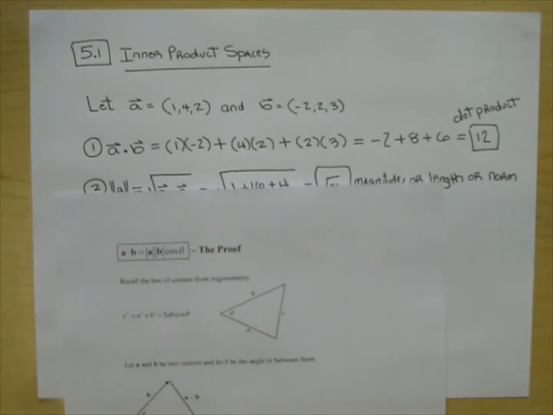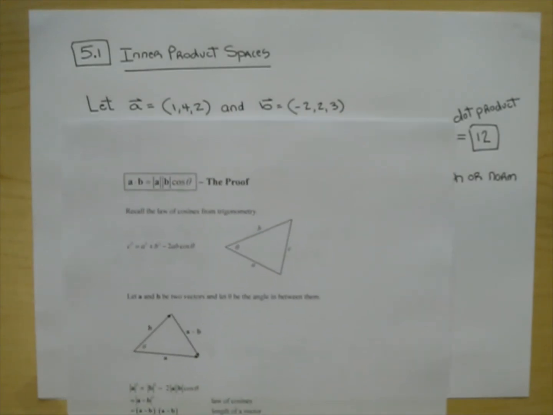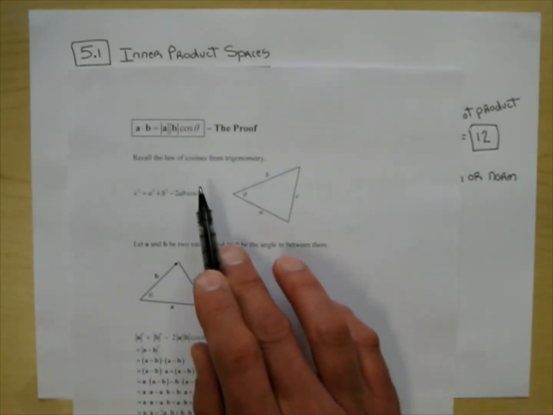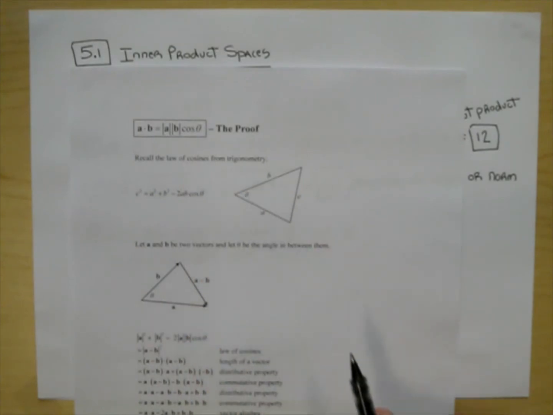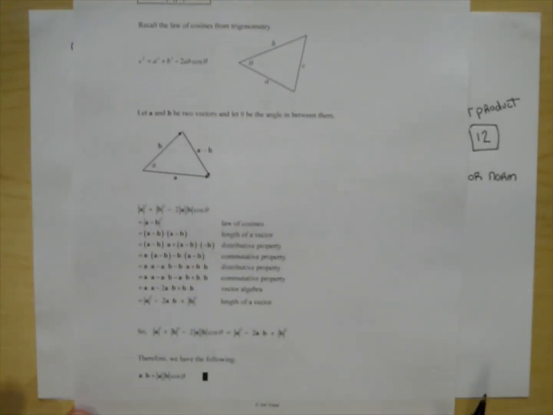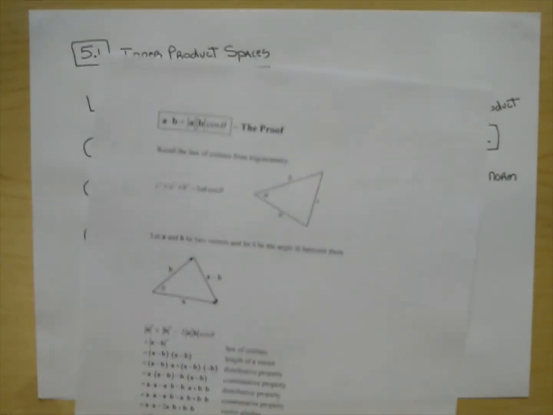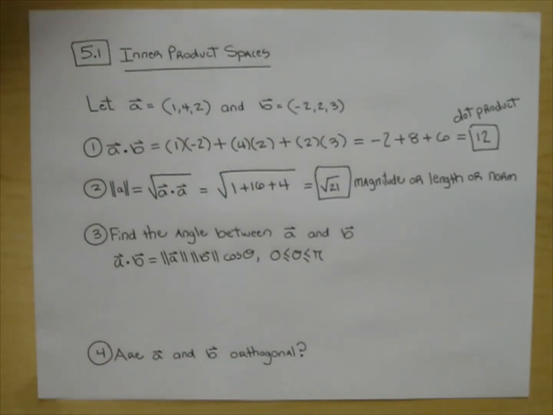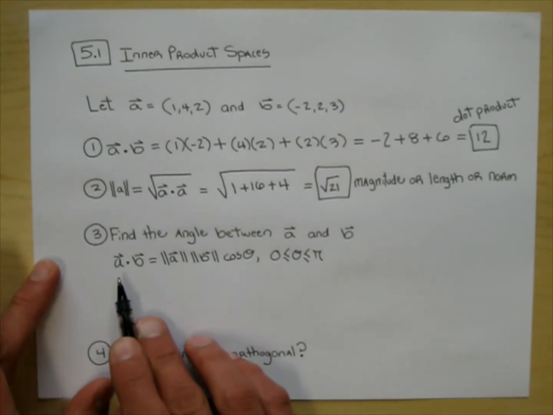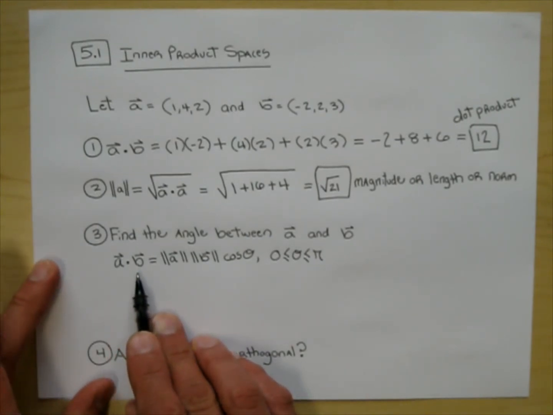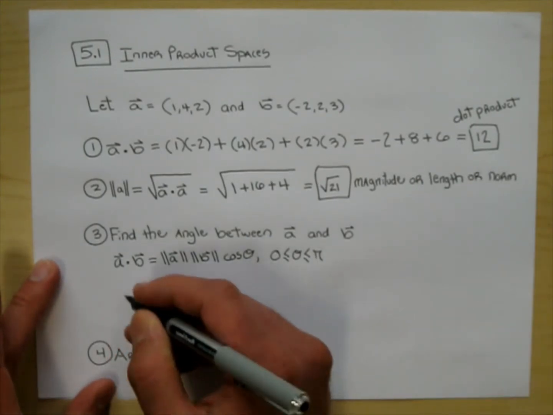I'm not actually going to write out the proof. I'll include this in the PDF. This is the proof of the cosine formula, and it starts off with the law of cosines. And it goes like that. We just have to know how to use this. A dot B, well, we already did that. That's 12.